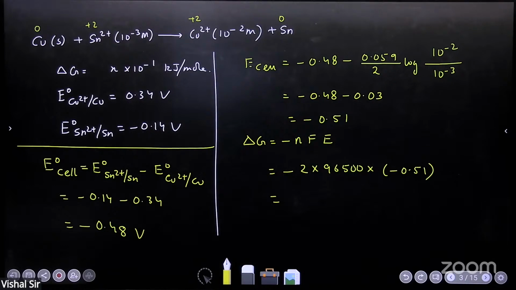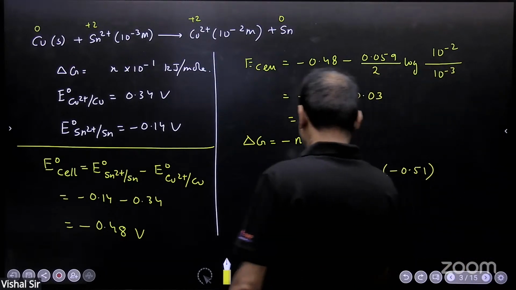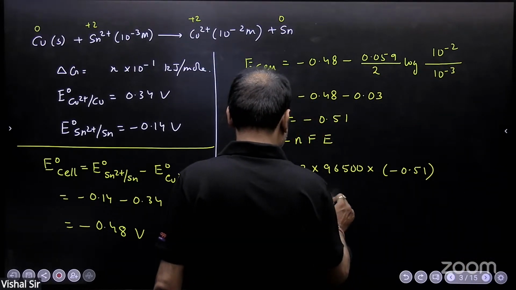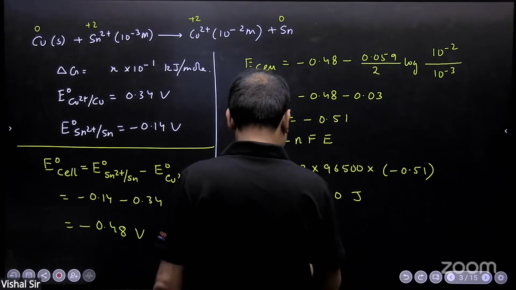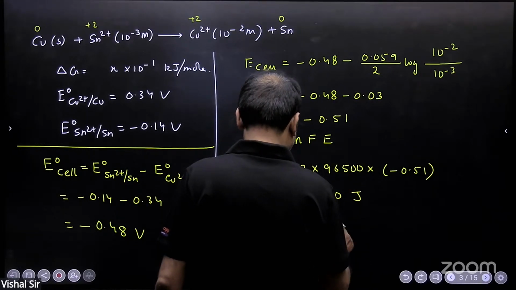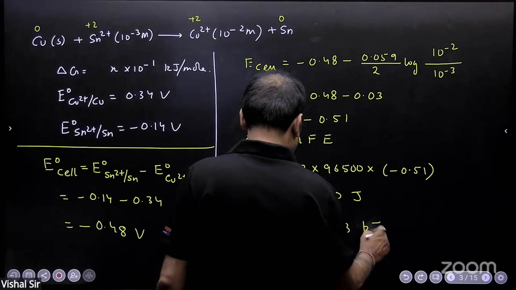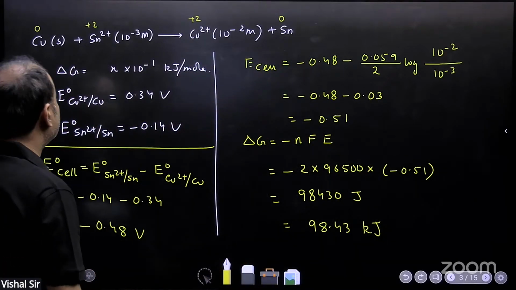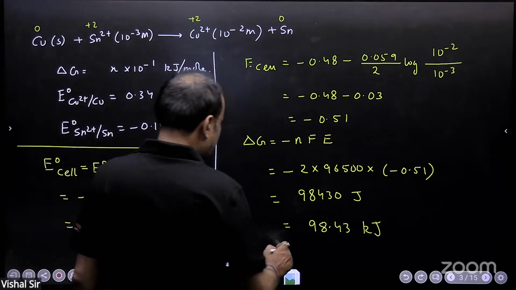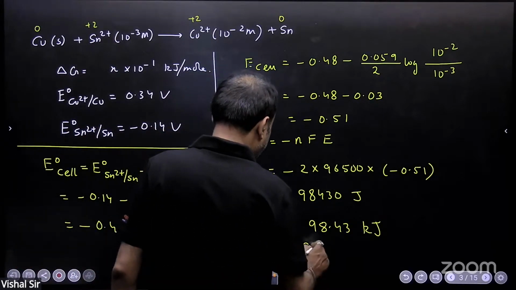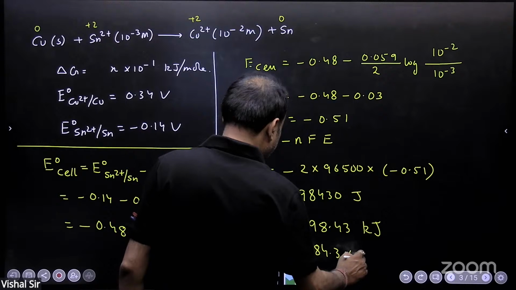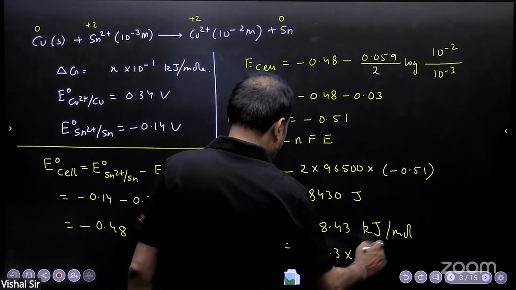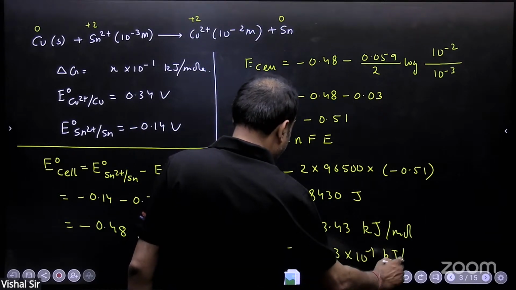It becomes roughly, in joules. So kilojoules it will be 98.43 kilojoules. You have to write in order of 10 raised to minus 1. So that is 984.3 into 10 raised to minus 1 kilojoules per mole.